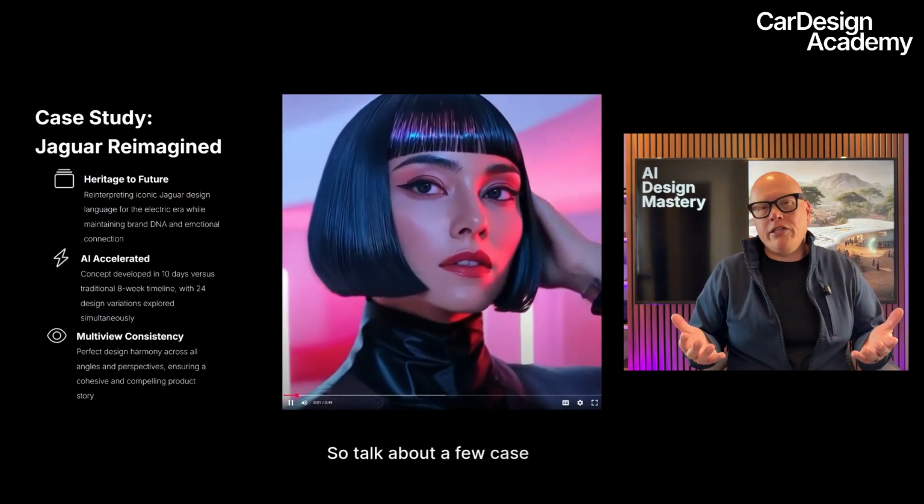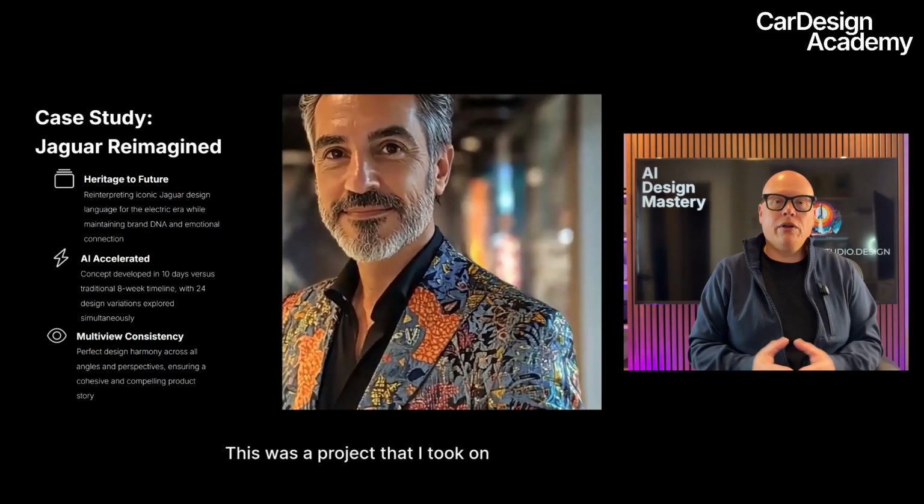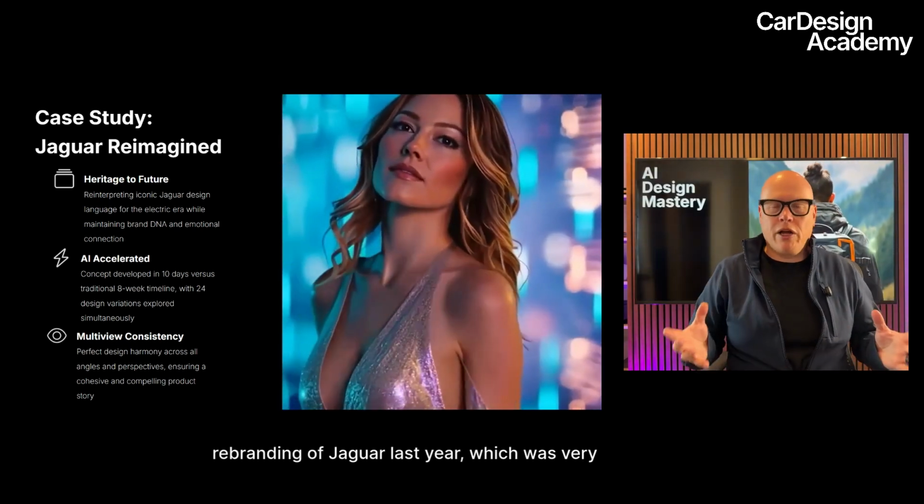So let's talk about a few case studies. This was a project that I took on in response to the recent rebranding of Jaguar last year, which was very controversial.